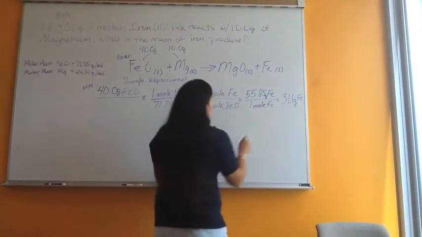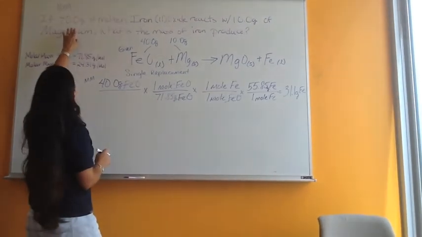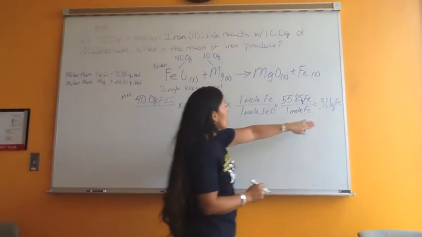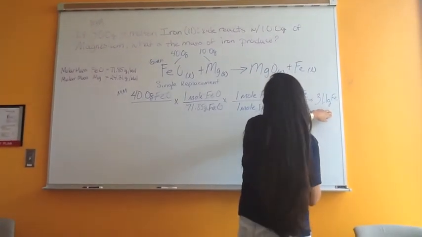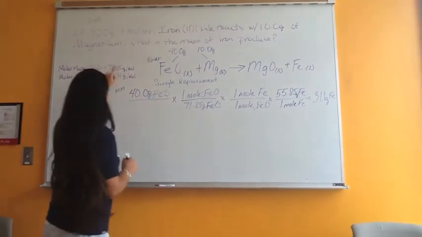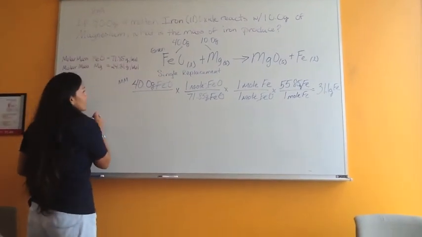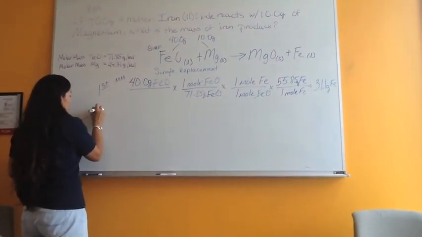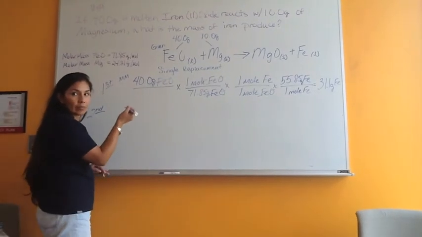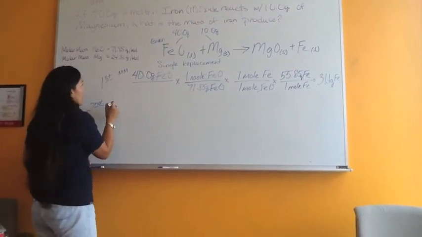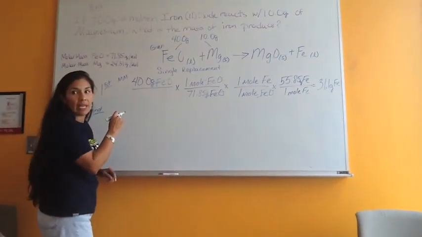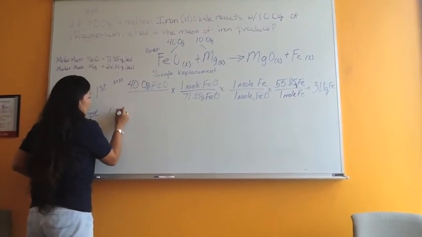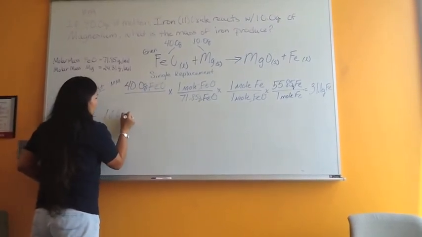And this is what we're looking for, the 40 grams of iron oxide, how it reacts with 10 grams of magnesium. This is our first part that we had to calculate. The second part will be to start with magnesium, and what is given is 10.0 grams of magnesium.